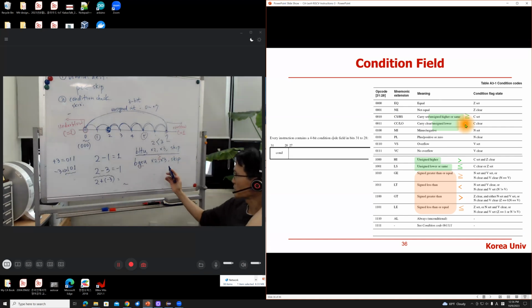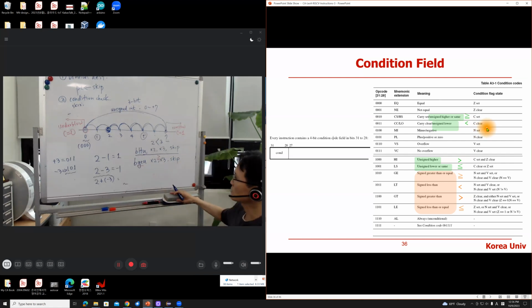Equality is very simple. After doing subtraction, the zero flag is set to 1, then equality. But you don't even have to look at the zero flag for this, I think, because of the carry flag.